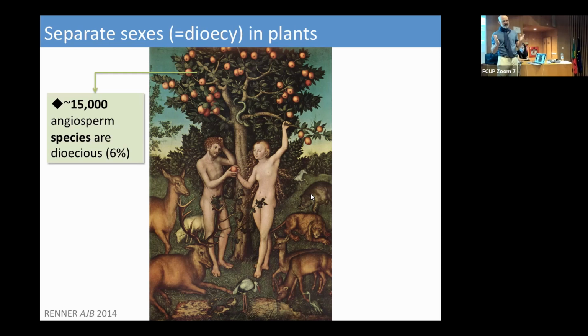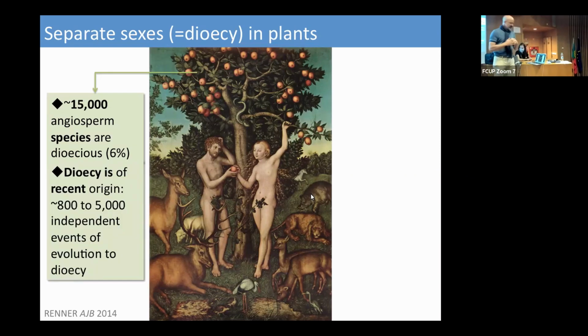But nevertheless, 15,000 dioecious species, it's a lot of species. If you think about it, it's about the same as all the mammals and birds combined. In angiosperms, dioecy is of recent origin.